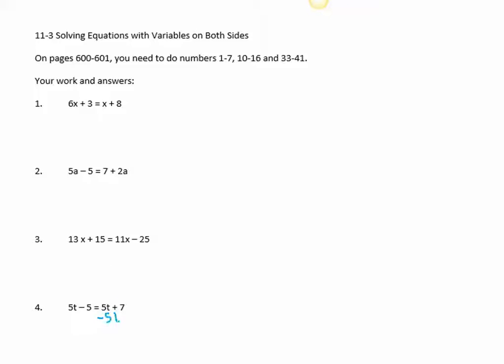Minus 5t, minus 5t, because I'm trying to move this one over there, so I do the opposite. 5t minus 5t is 0t. There's no t's left. So I write minus 5 equals 7, because these are gone too. But that's not true. Not true. So you write no solution.